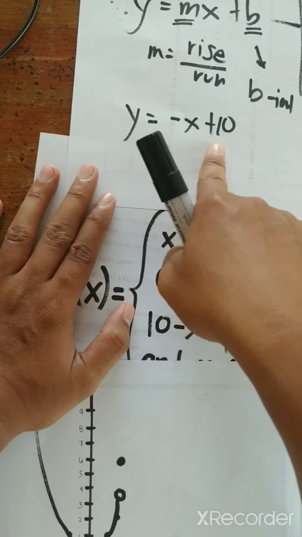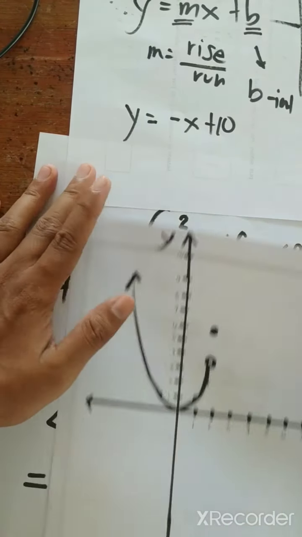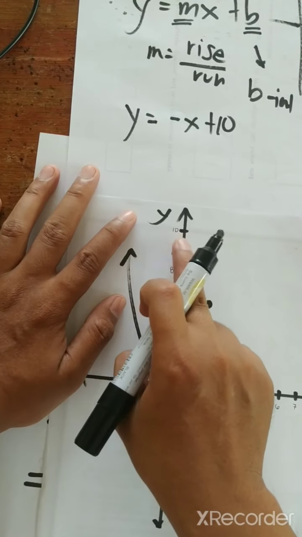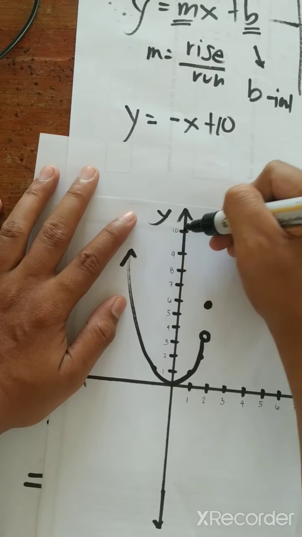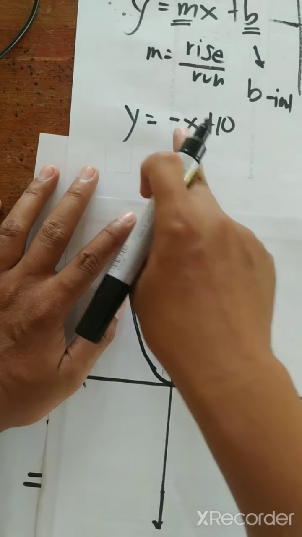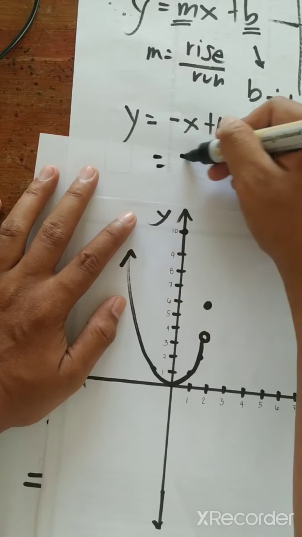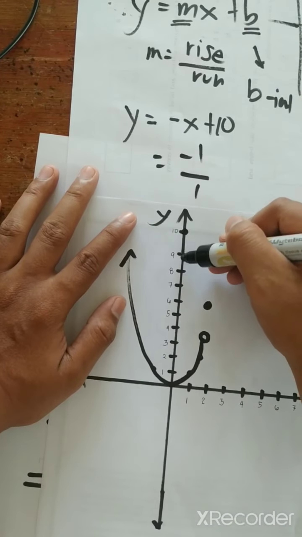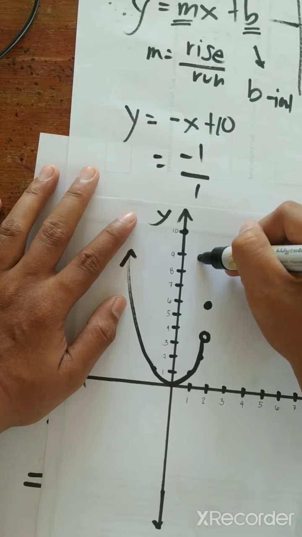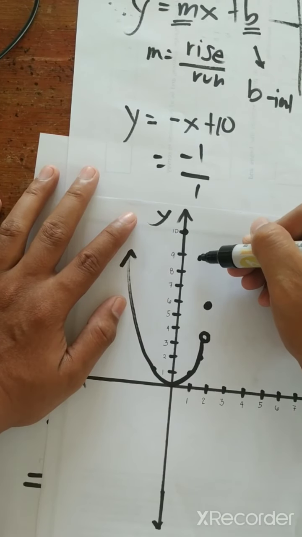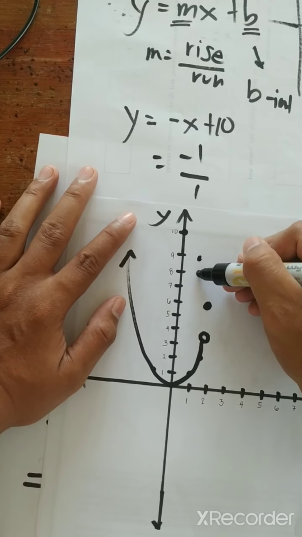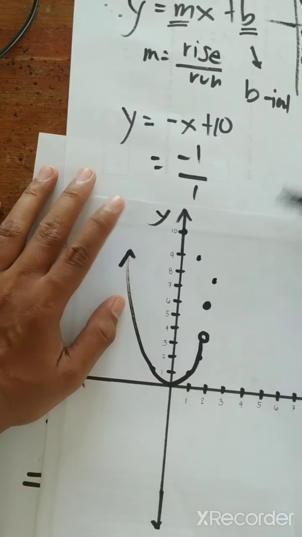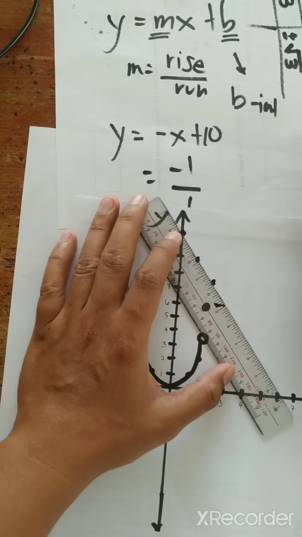So we'll start our y-intercept at 10. Then rise negative 1 and run 1. If you're not contented with just 2 points, you can further make it into 3 points. Negative 1, and run 1. So I'll just connect it.